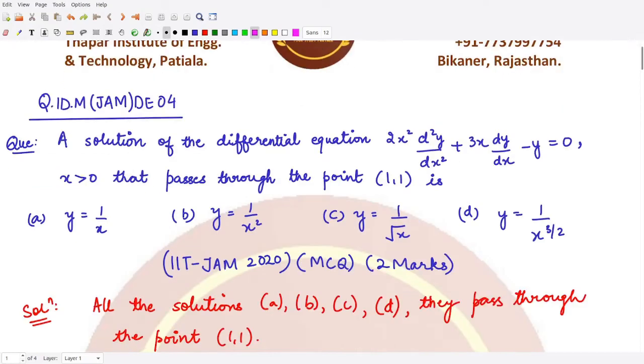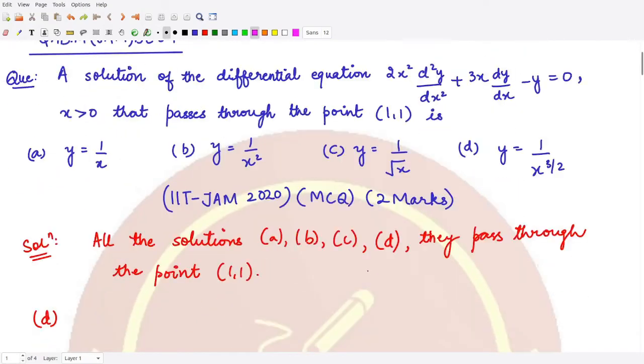Next, what we can do here is just substitute the given solutions one by one into the given differential equation and see which one is a solution to this differential equation. The one which satisfies this differential equation would be a solution, right? So let's just quickly do that.